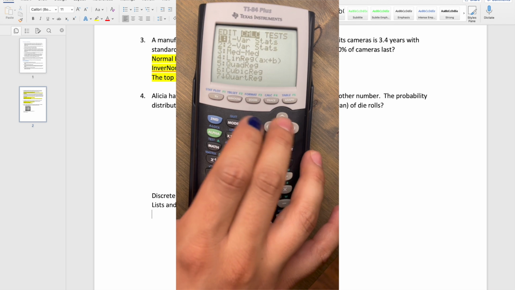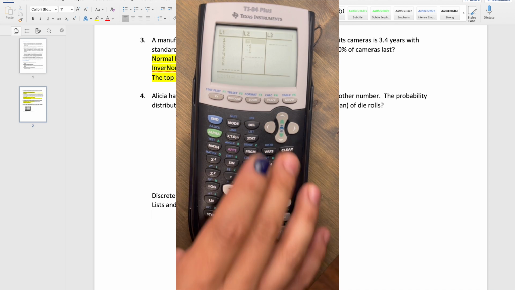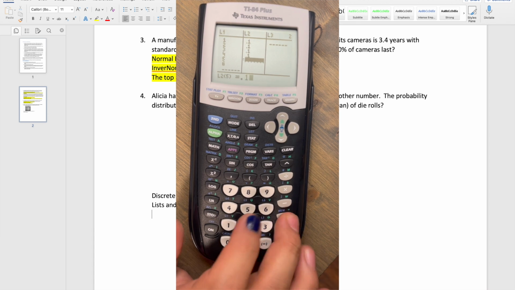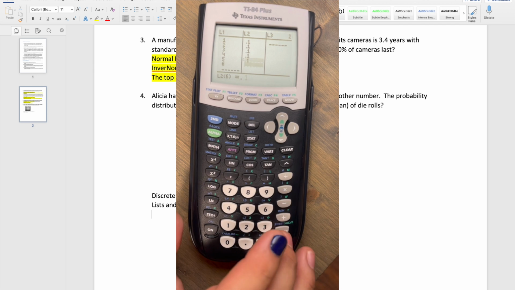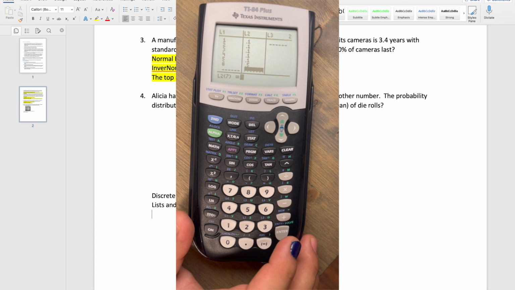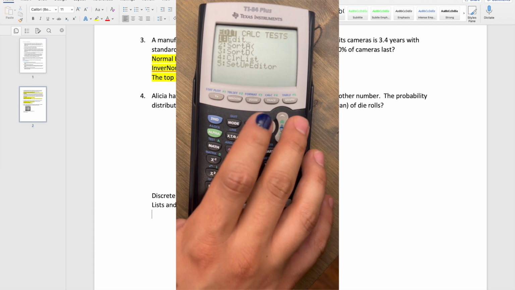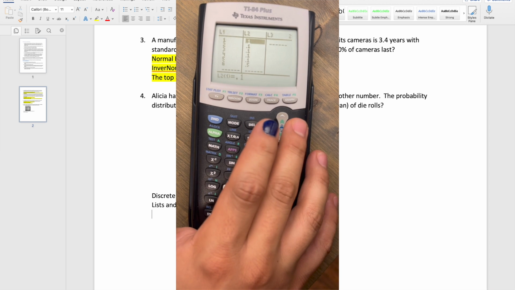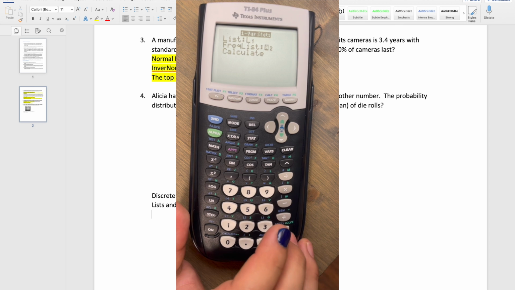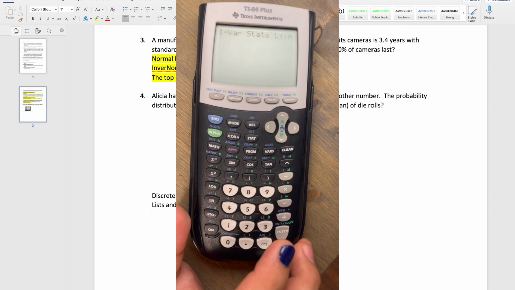Stat, edit list. 0.1, 0.1, 0.1, 0.1, 0.1, 0.5. Okay, that looks about right. So now we're gonna go to the calc portion of stat. We have that in the right order.